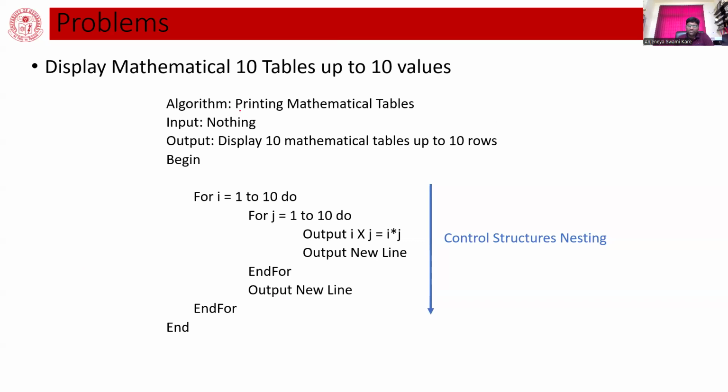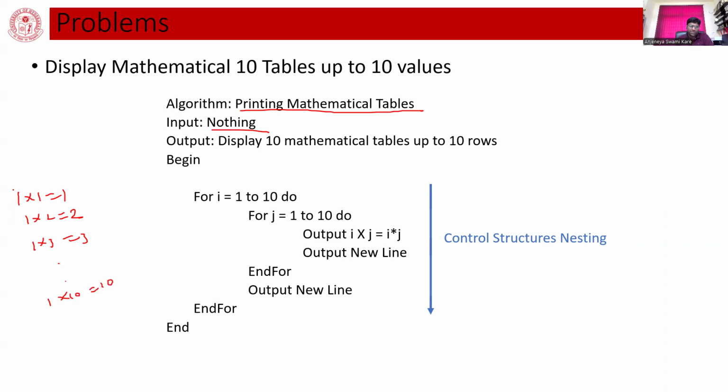So the name of the algorithm is print mathematical tables, with no input, and then it displays 10 mathematical tables, each table up to 10 rows. So what we need to do? The first thing is I want to display 1 into 1 is equal to 1, 1 into 2 equal to 2, 1 into 3 equal to 3, and so on, 1 into 10 equal to 10.